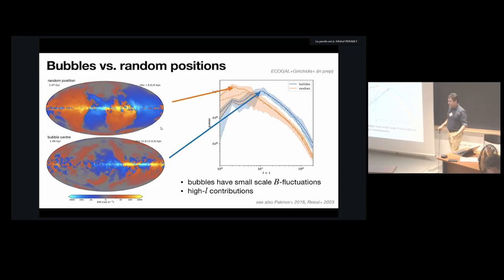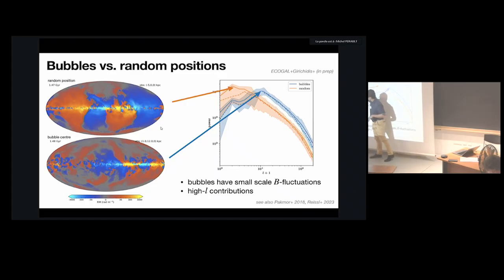So if I do that, then the question is, where do I place myself? Statistically, you could place yourself in a random position of the galaxy and investigate how your rotation measure all-sky map looks. And if I place myself in a random position, I see things like this.